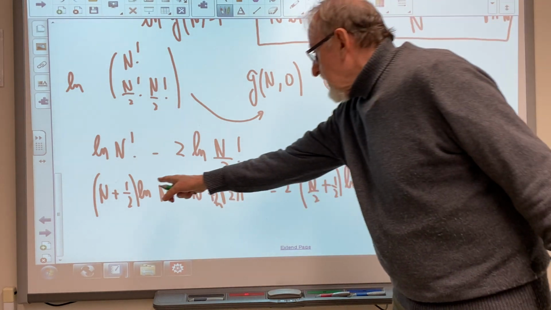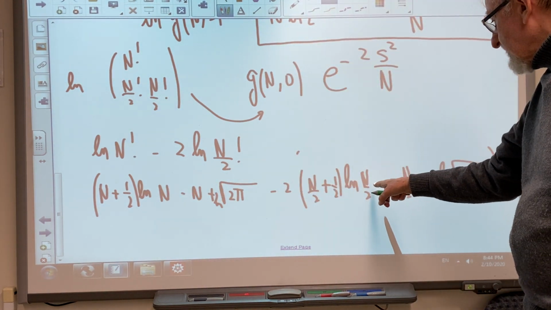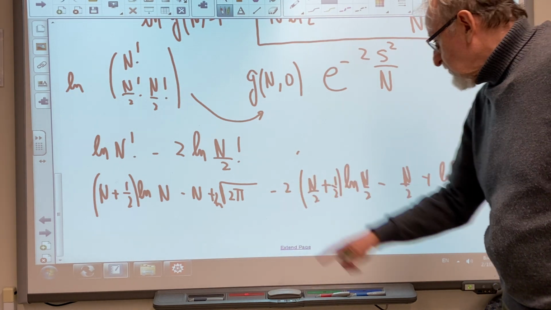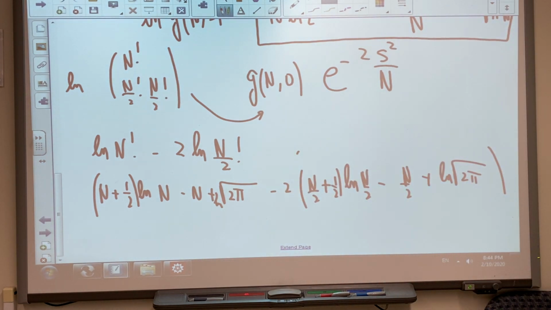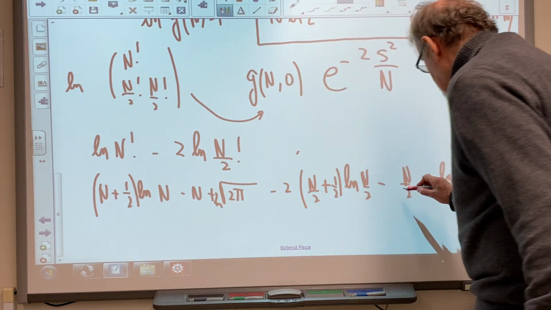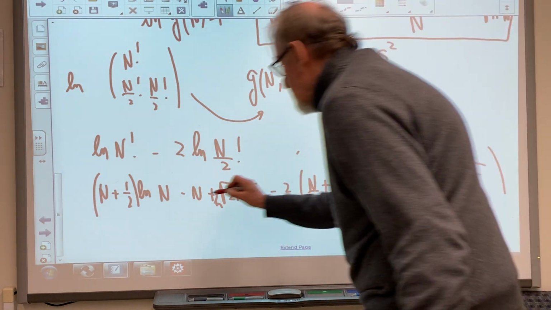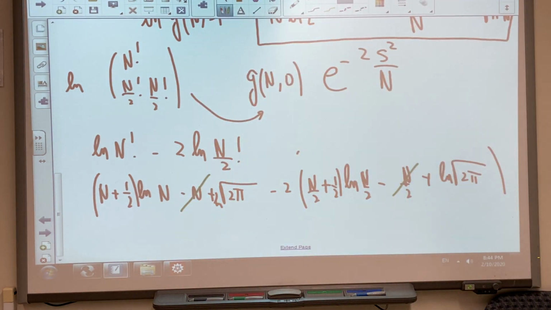All I did is I wrote it for n, and here I wrote the same, but for n over 2, but with the factor 2 in front. And you see the factor 2 in front is what makes a bunch of terms cancel. This minus 2, n over 2 is the number n, which cancels this number n. As always, that part always cancels.